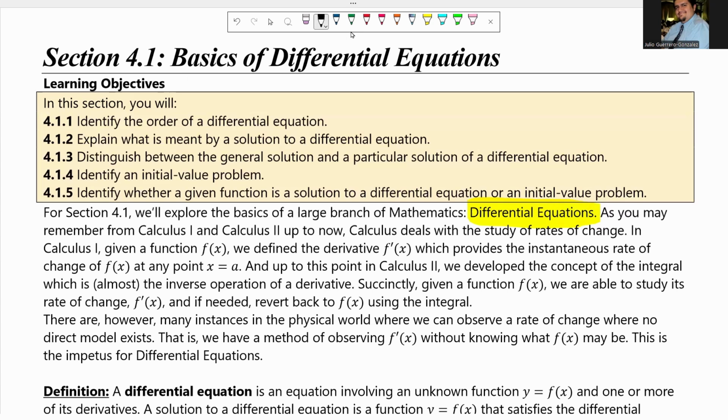In the transition from Calc 1 to Calc 2, we had the fundamental theorems of calculus. One of them, I believe the first fundamental theorem of calculus, states that the derivative and the integral, or the antiderivative, are opposites of each other. They're really close to opposite operations.